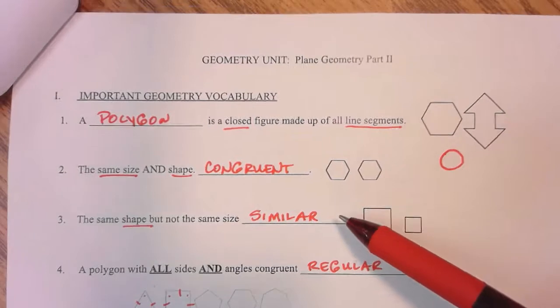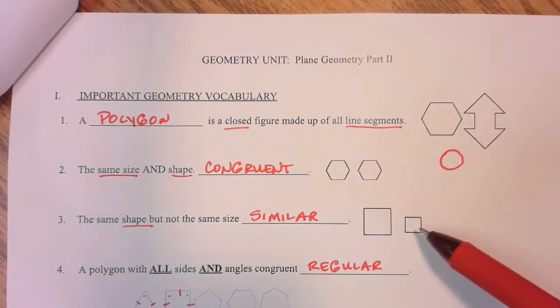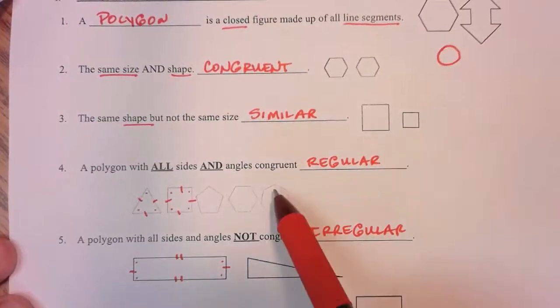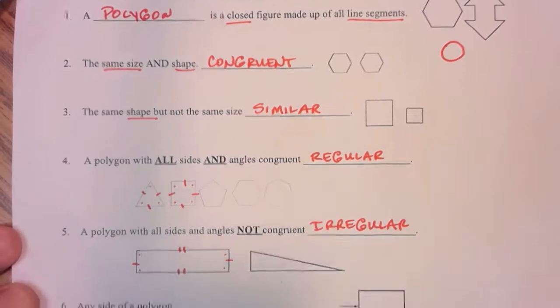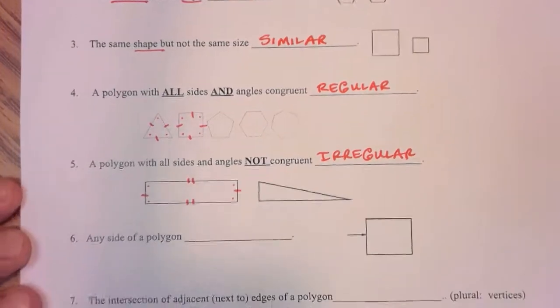Okay, and so there's congruent, everything's the same. Similar, shape is the same, size is different. Regular, everything is perfect. All these sides are the same, all the angles have the same measure. Irregular is when something's different. The angles aren't all the same, or maybe the sides aren't the same.